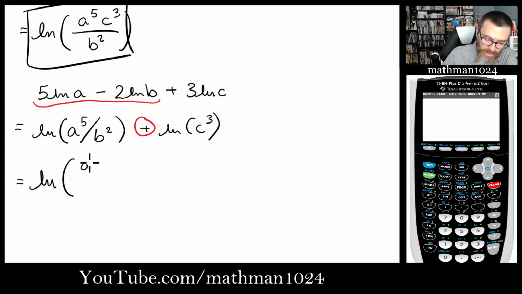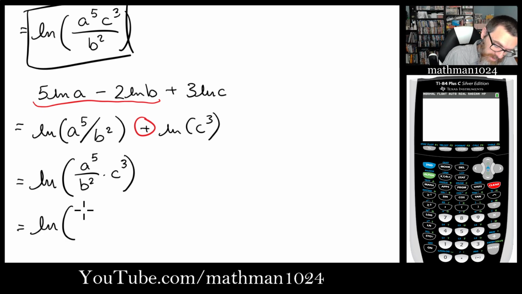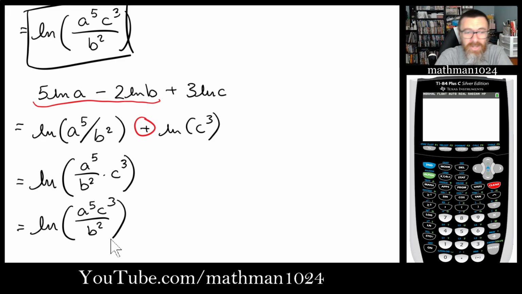Now, we could be silly and do this: times c to the 3rd, but I would expect all of you to be able to take something like this at this point and just go straight to having a to the 5th c cubed over b squared. You should be well versed in working with fractions by now. So again, it's another way to do that. It's still going to give you the same answer, and you can see that at the top of the screen.